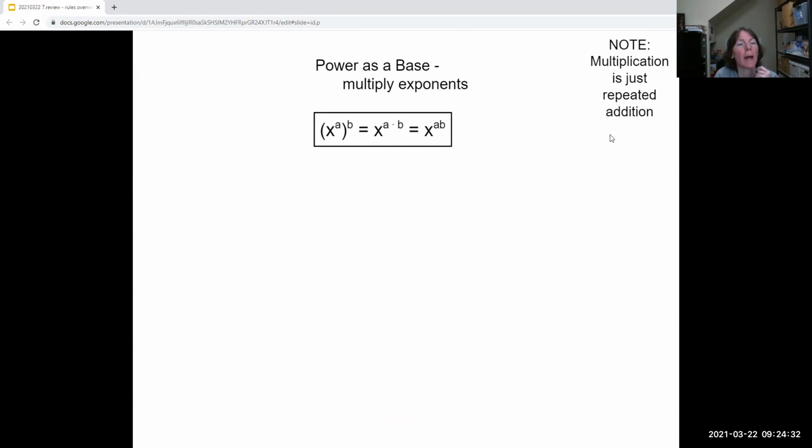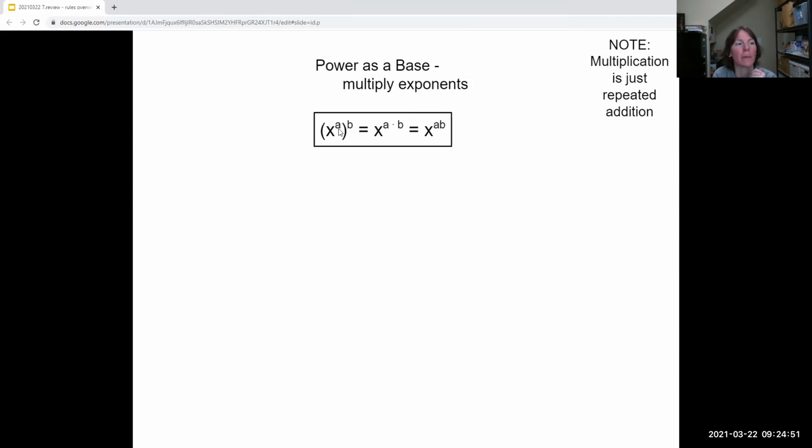And if it helps you, you might copy down this note to remind yourself that really when we multiply, we're just adding over and over and over again, which is why this rule actually works exactly the same as the one before. It's just that now we're adding this to itself over and over again this many times.